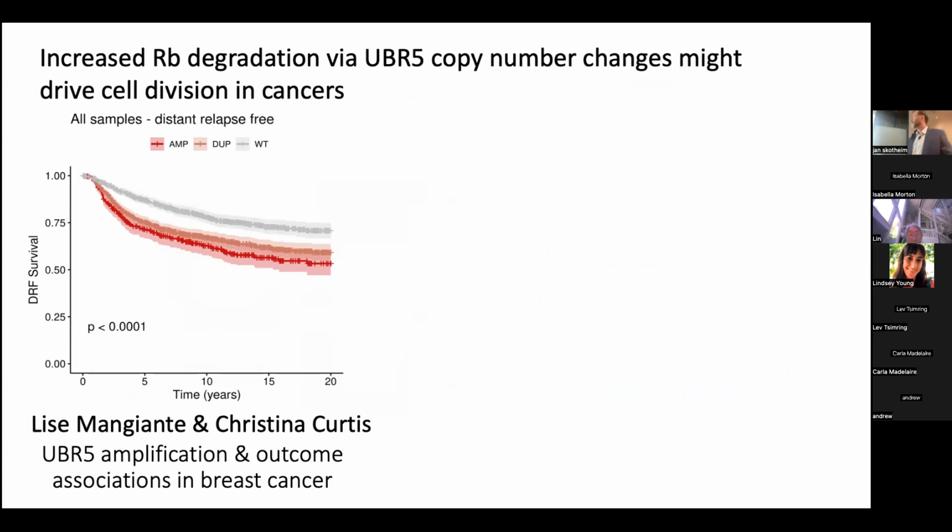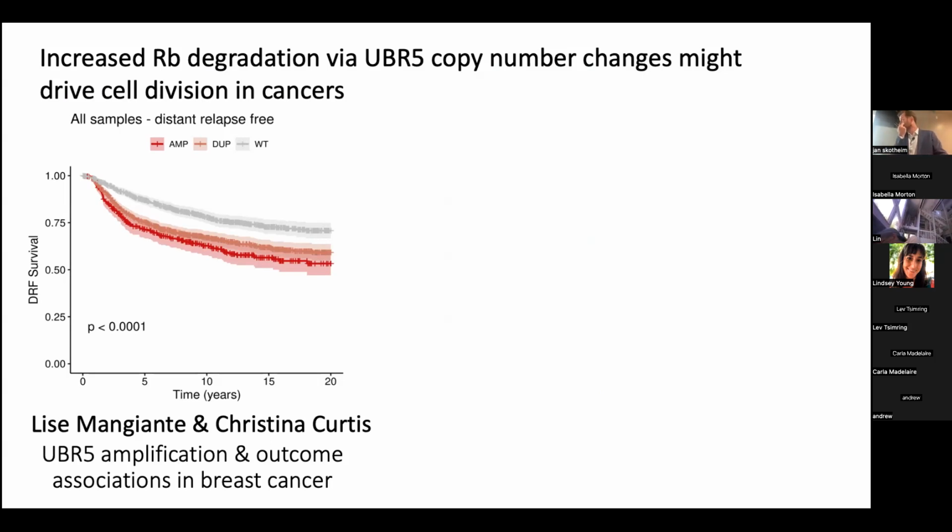Finally, the last thing I want to say about UBR5 relates to some work that we started doing in collaboration with Christina Curtis, a geneticist at the Stanford Medical School who studies breast cancer. We came to her saying, we've been messing around with these publicly available data sets looking at the genetics of breast cancer, and we think we have a signal, but we're terrible amateurs, and cancer genetics is its own fully developed field.